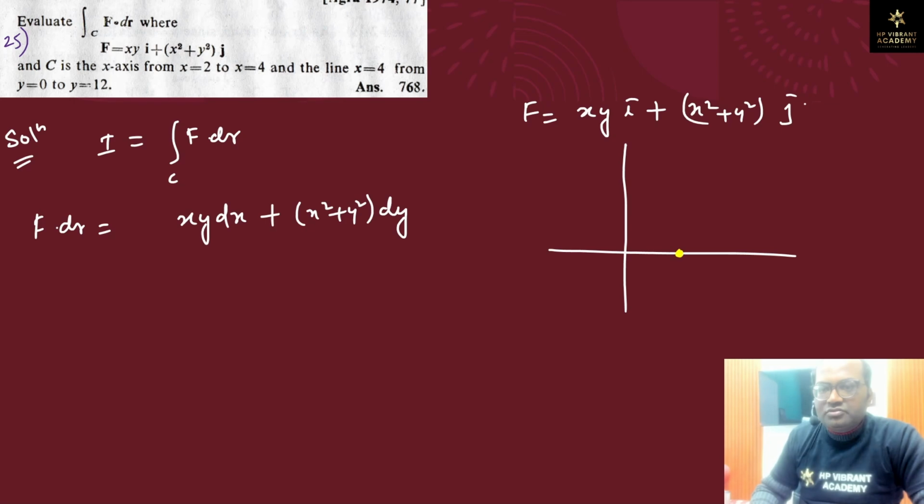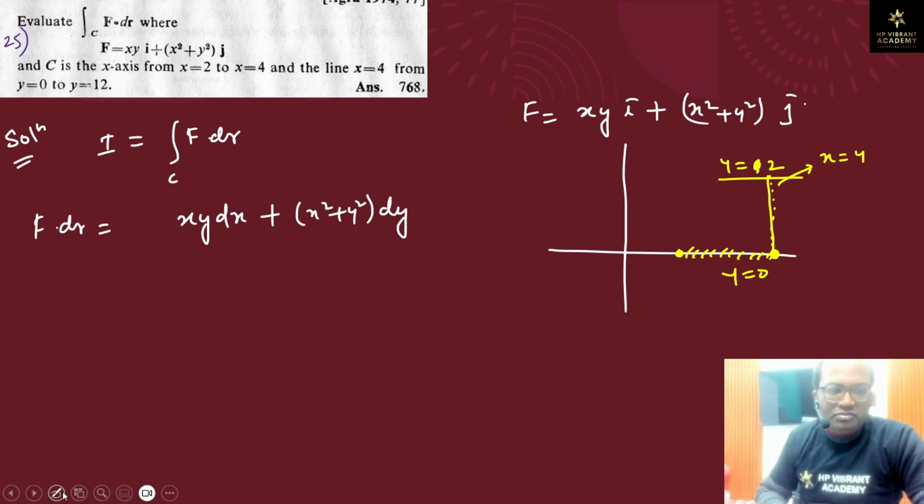So this is x is equal to 2 and this is x is equal to 4, and the line x is equal to 4 from y is equal to 0 to y is equal to 12. So this is the line x is equal to 4, going from y is equal to 0 to y is equal to 12.